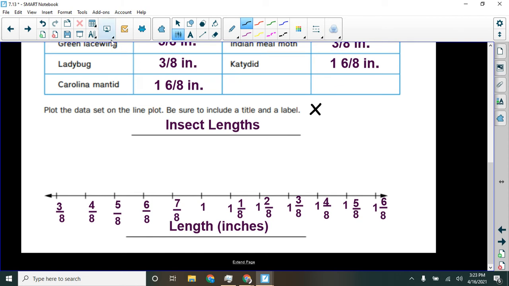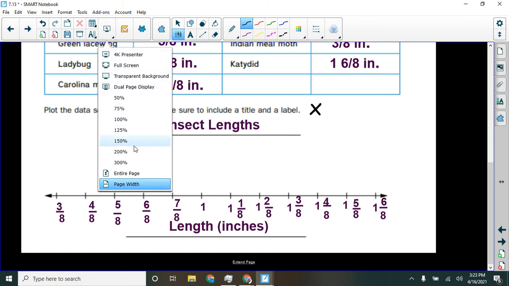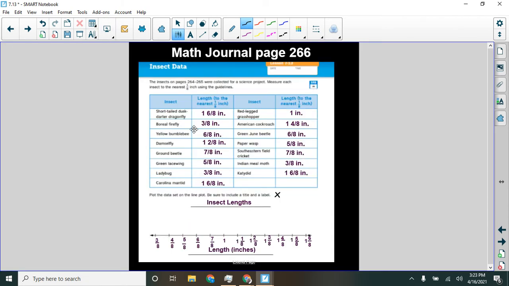So now we're going to create our line plot, and I'm going to get you started, but you're going to finish. Here's what you should do. We should start with the very first one, short-tailed dusk darter dragonfly. Wow, what a name. 1 6/8. You're going to put an X down there on 1 6/8, and then I want you to cross that off. You cross it off so that you know you have recorded it.